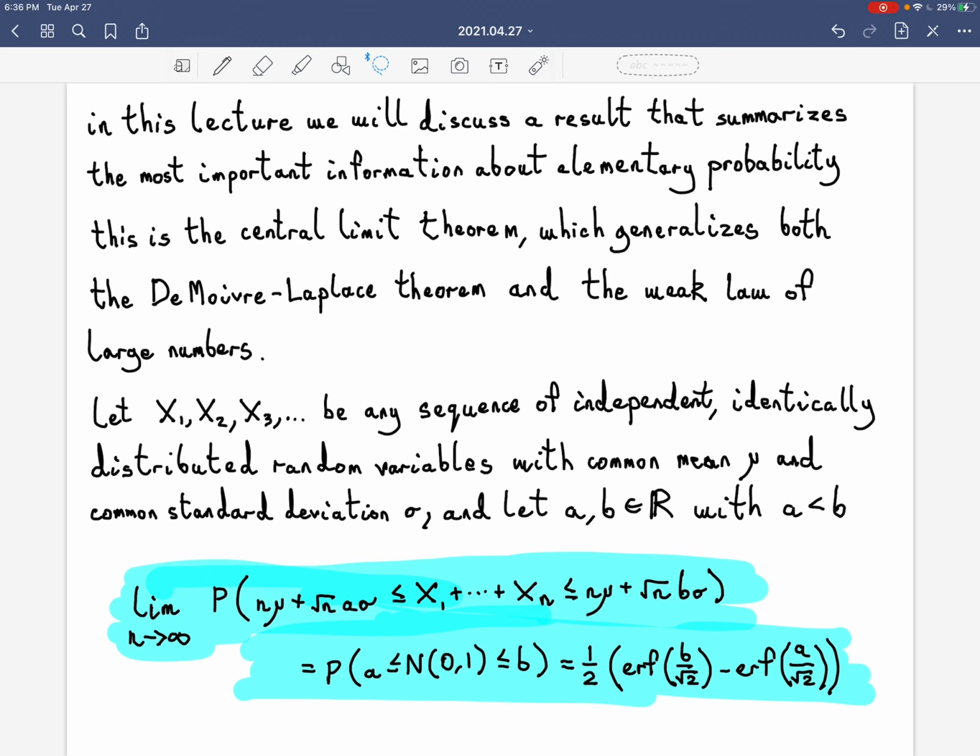Whereas the construction for the de Moivre-Laplace theorem was specific to the coin flipping game, where you have a binary random variable.